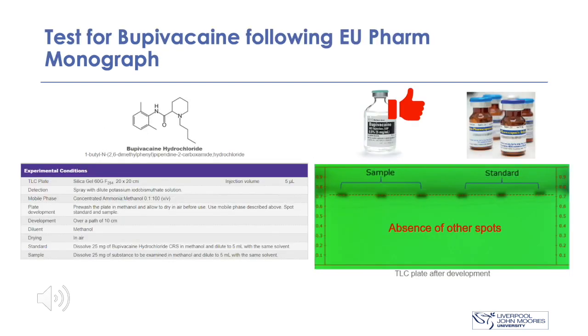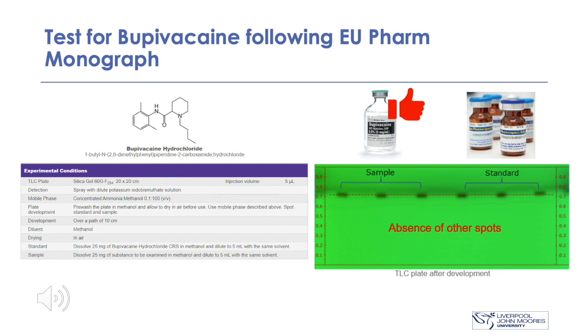Many of the identification tests for APIs in pharmacopoeia are very simple. The pharmacopoeia tells you how to prepare and run the TLC experiment, and you can see in the table on the left. You always need to compare your API or medicine versus an official standard provided by the pharmacopoeia.